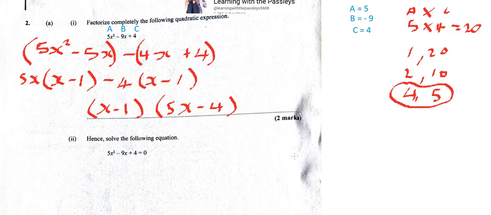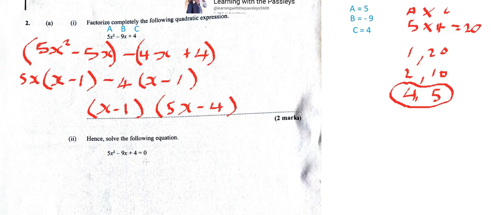Easy 2 marks. Right? So let us do part 2 of this problem. Hence, solve the following equation. So this is a follow-up question, right? So we have a quadratic equation down here.